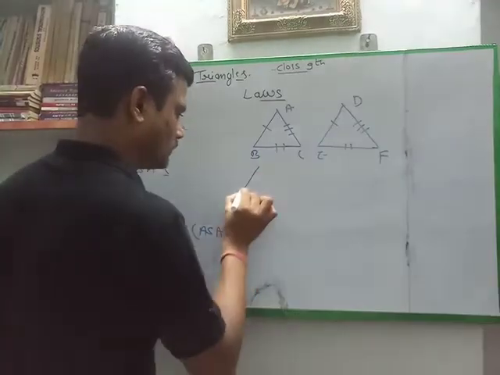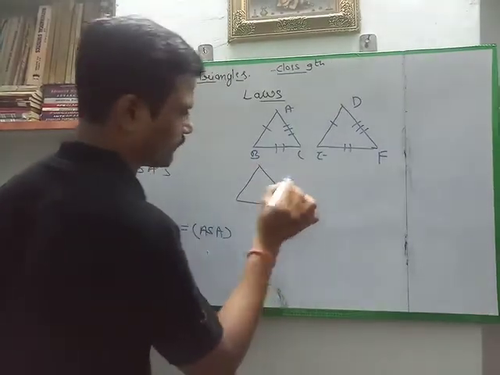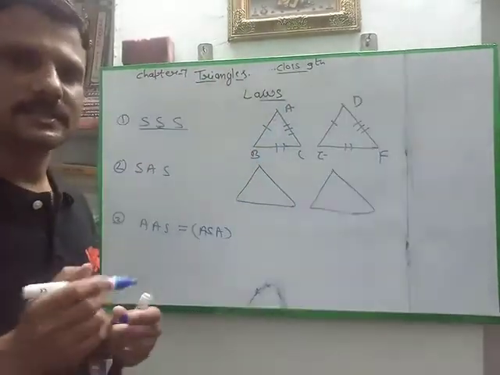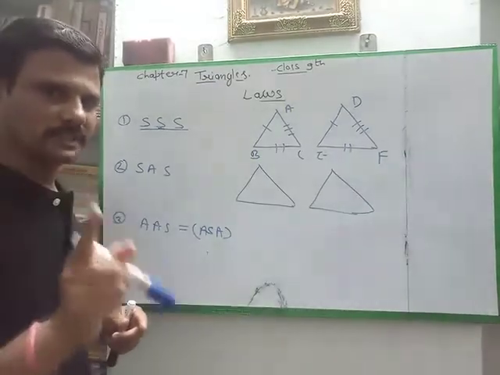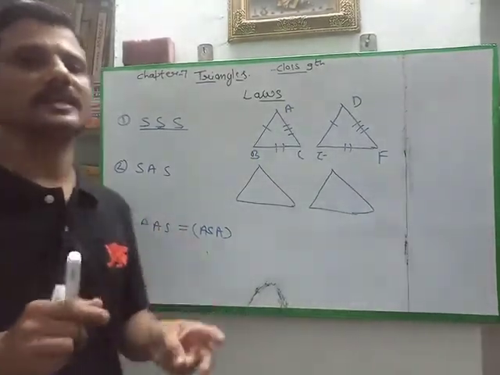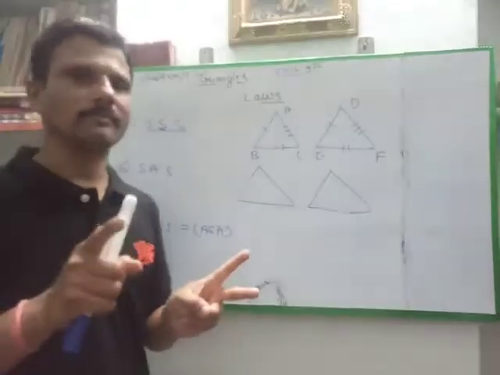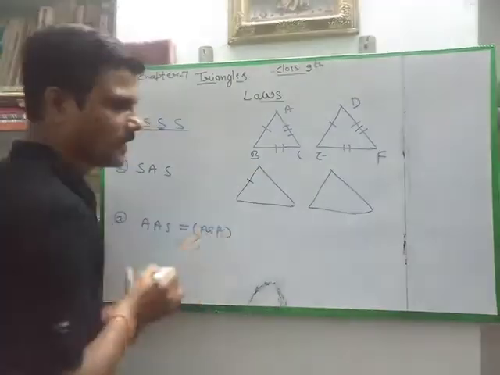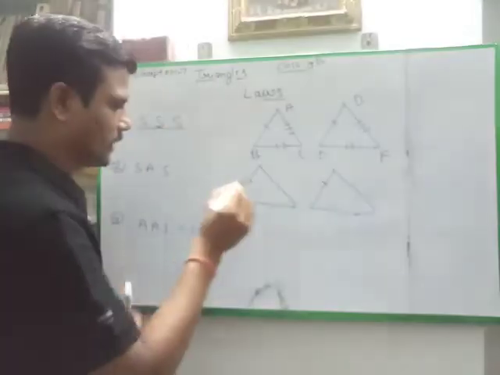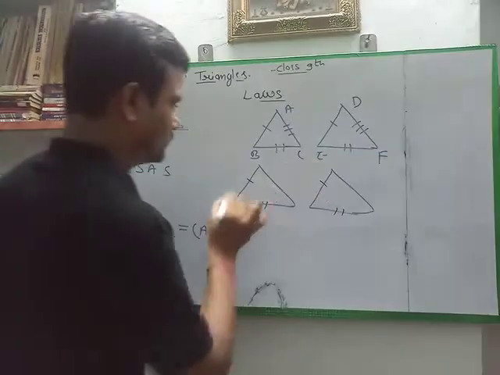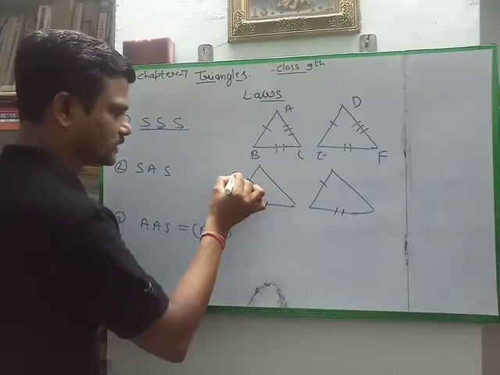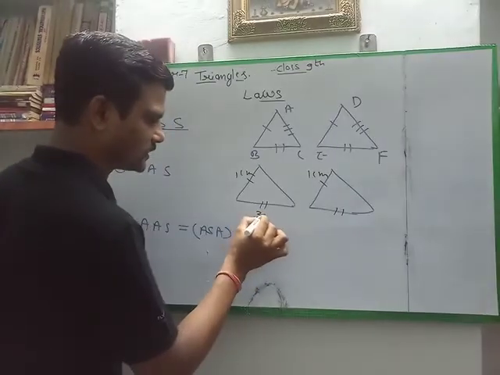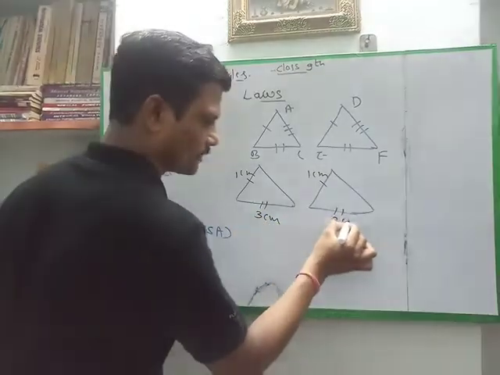The next law, SAS. If in two triangles two sides are of the same length, and the angle between those sides is also the same, then we can say the given triangles are congruent. Suppose this side is equal to this side, and this side is equal to this side, say 1 centimeter and 1 centimeter, or 3 centimeter and 3 centimeter.